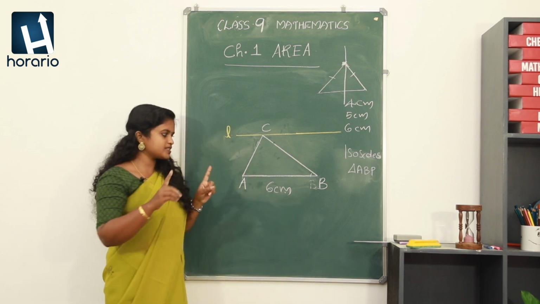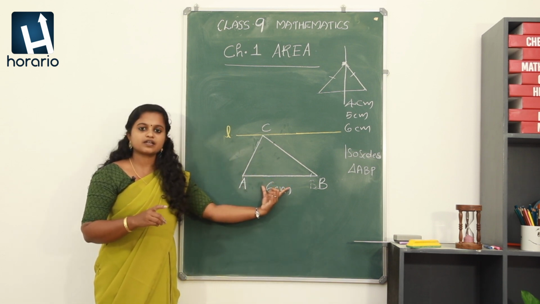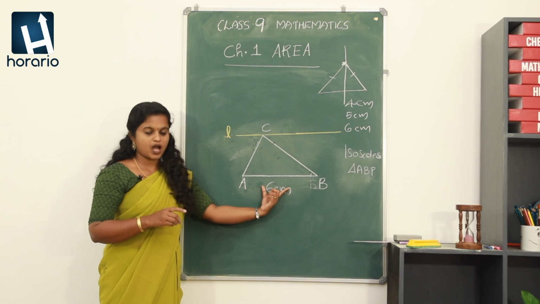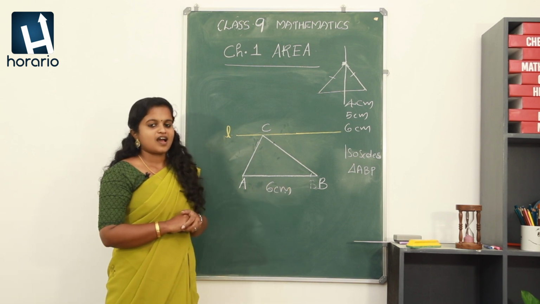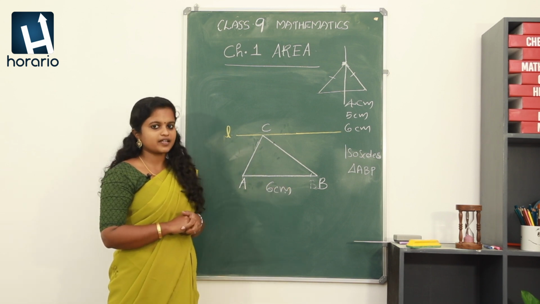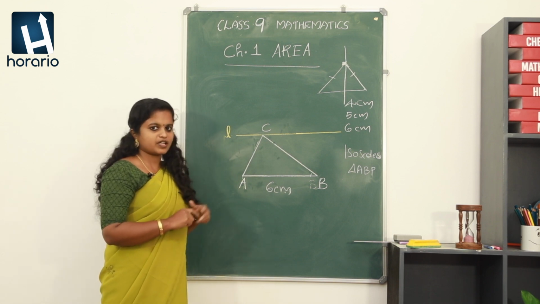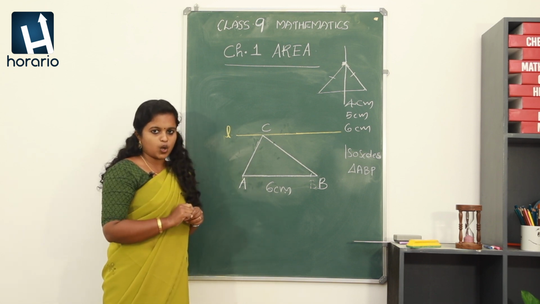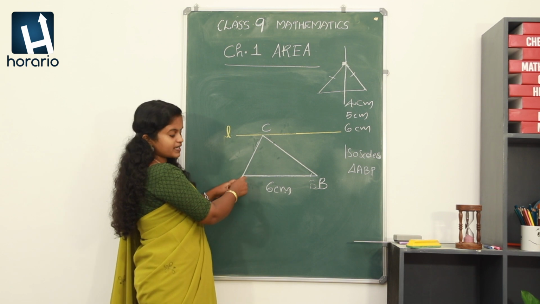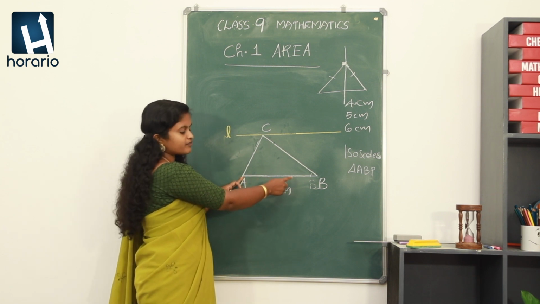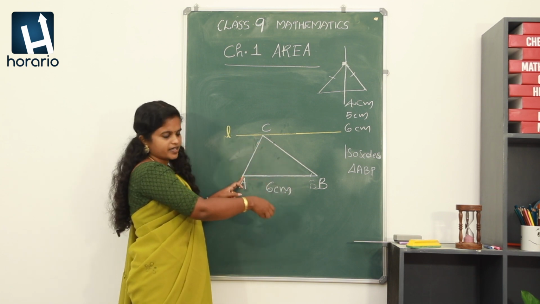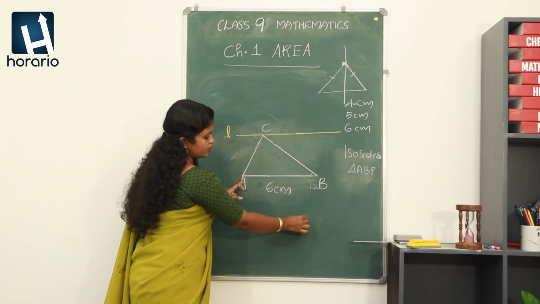So what we are going to do is draw the perpendicular bisector of AB. How will you draw the perpendicular bisector? Yes, you are very familiar with that. We will again take the compass. With the compass we will take more than half of the length and make an arc, right? We will make the arc on both sides.